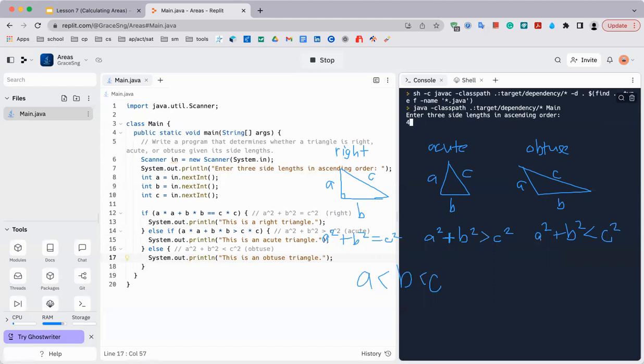Oh, sorry, this has to be in ascending order, so that'll be 2, 4, 9. And for my output, I get, this is an obtuse triangle. And let's try one more test case. And I get, this is an obtuse triangle once again.